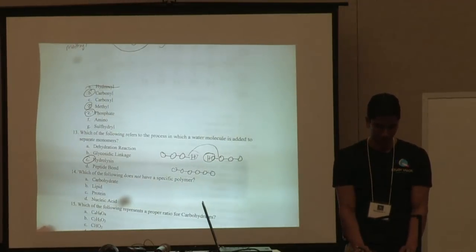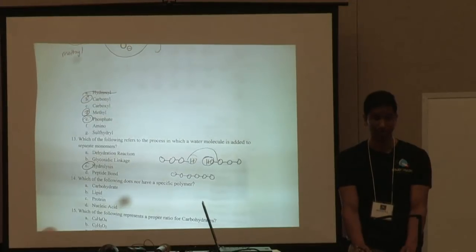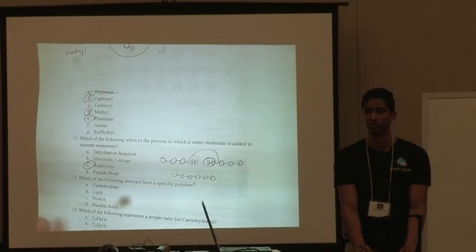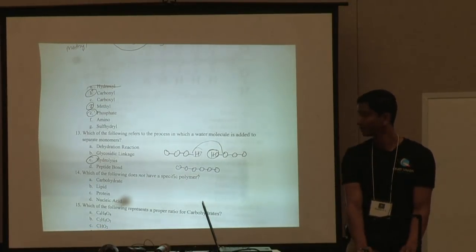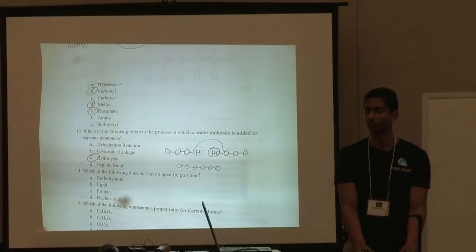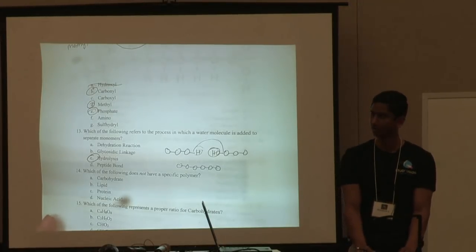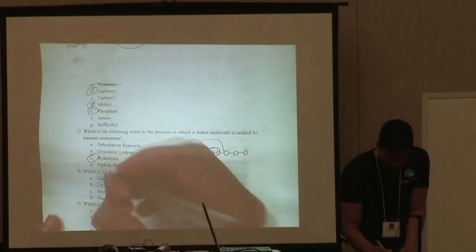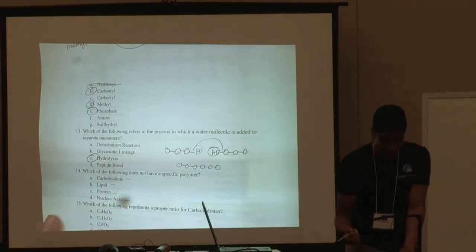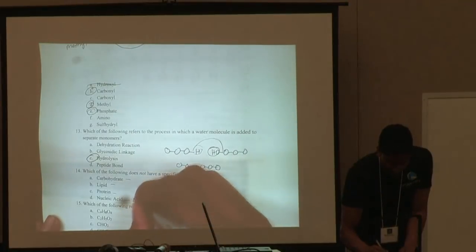All right. Which of the following does not have a specific polymer? Anyone know? A? All right, let's see if we can list them. So the polymer of nucleic acids is nucleic acids.